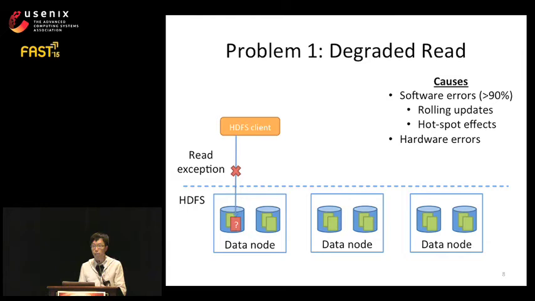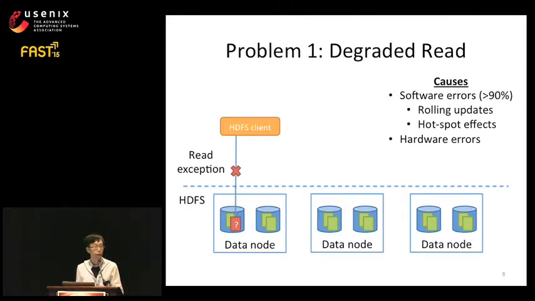First, let's take a look at the degraded read. Degraded reads happen when a client reads a block. When you read a block, you have a chance to get a read exception because of software errors. For example, the data node you are touching is being updated, or the disk you are accessing has too much traffic and cannot service new read requests.